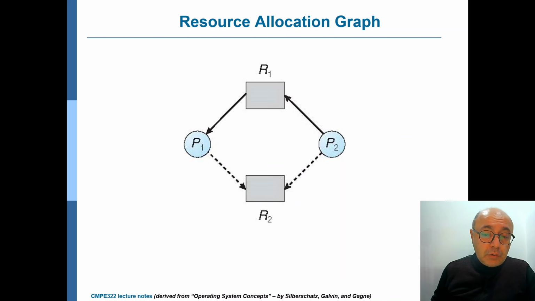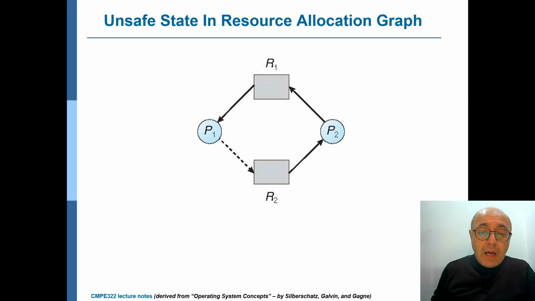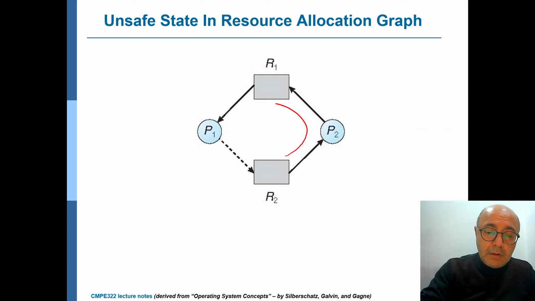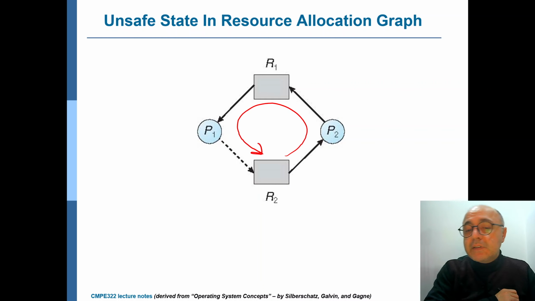If it does so, and that resource gets assigned to P2, now we have a cycle like this.